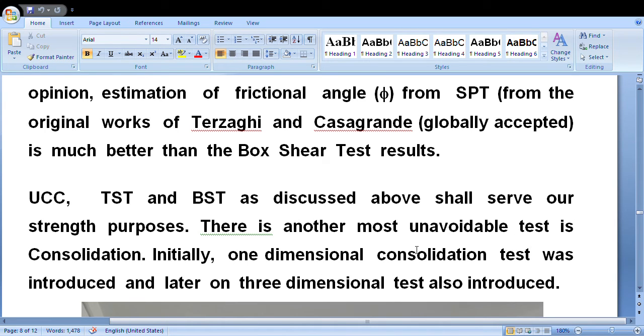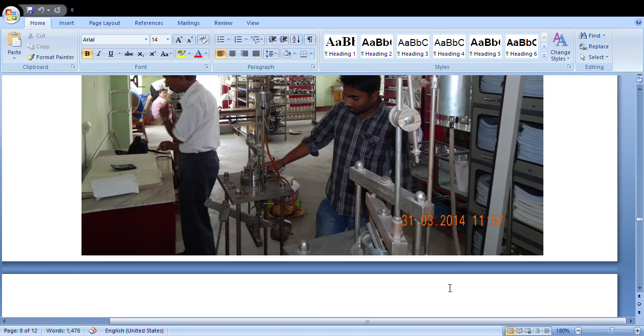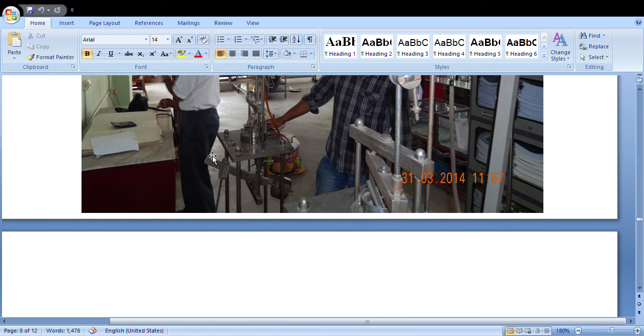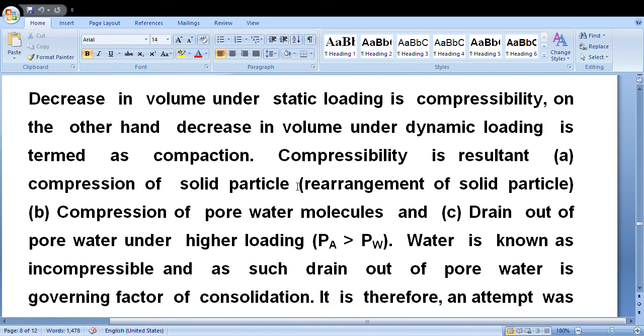There is another most important test, which is consolidation. Initially, the one-dimensional consolidation test was introduced and later on, the three-dimensional test was also introduced. This is consolidation. It is a very long, cumbersome process. Decrease in volume under static loading is compressibility.